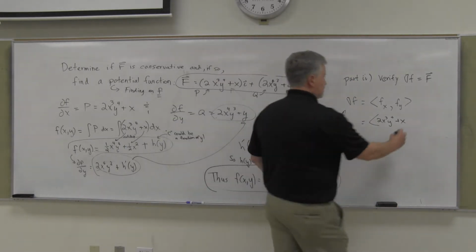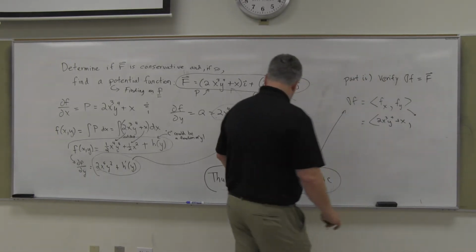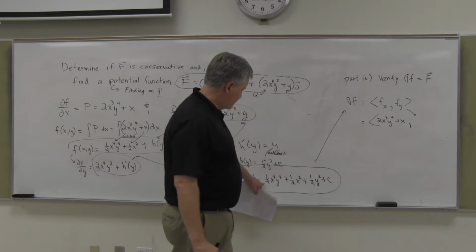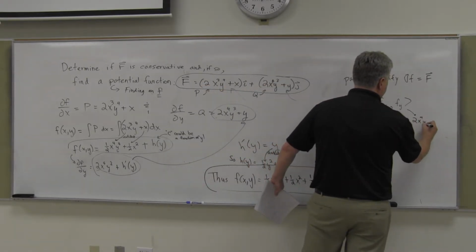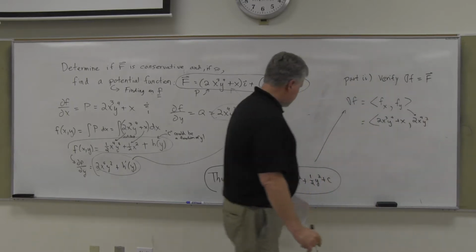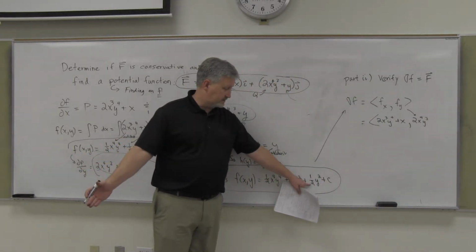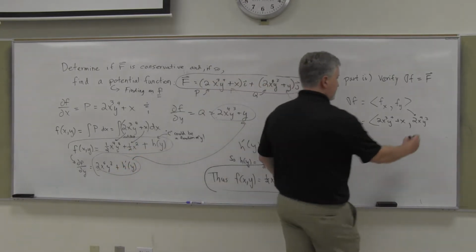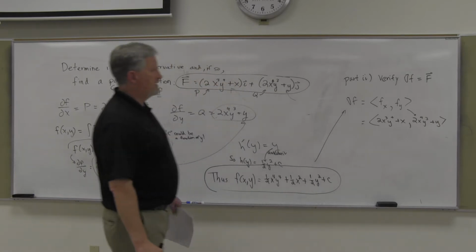So then the partial of that with respect to y, same thing, bring down the 4, so it'd be 2x to the 4th y cubed. Doing it with respect to y, so that's 0. With respect to y, that's y. That's 0.